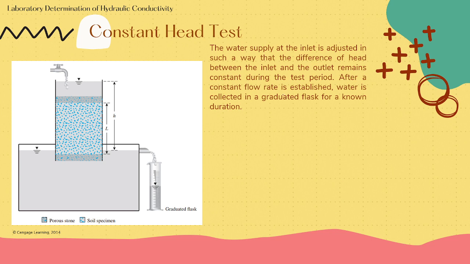Again, the discharge Q is equal to the area times the discharge velocity times time.